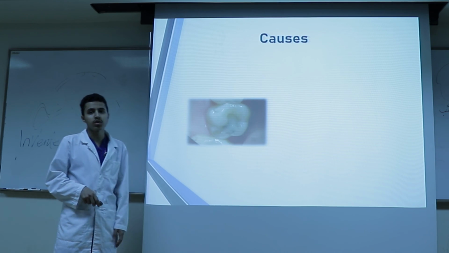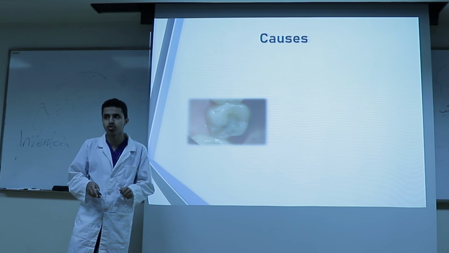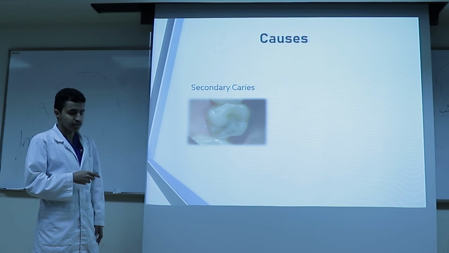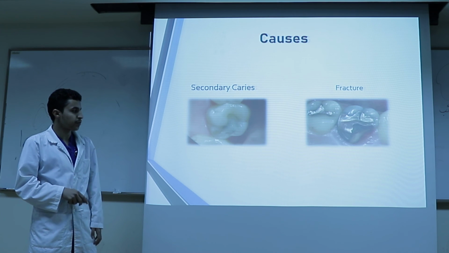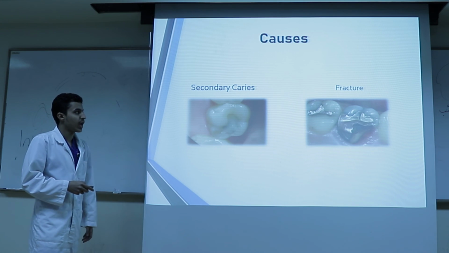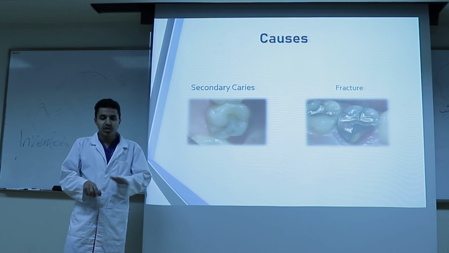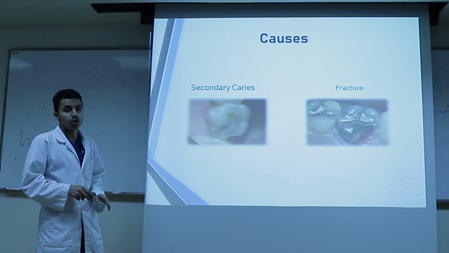The causes of failure: the studies mainly show 2 causes. Number 1 is secondary caries, and the second cause was fracture of the restoration. The causes were the same in all studies. There is no difference in the causes across the studies.